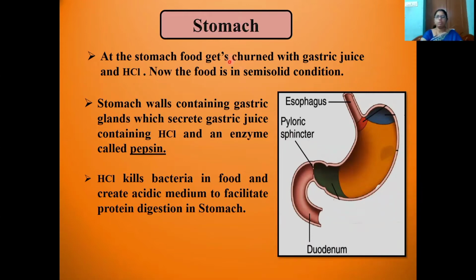In the stomach, food gets churned with gastric juice and HCl. Now the food is in a semi-solid condition. The gastric juice contains HCl and an enzyme called pepsin. HCl kills bacteria in food and creates an acidic medium to facilitate protein digestion in the stomach.